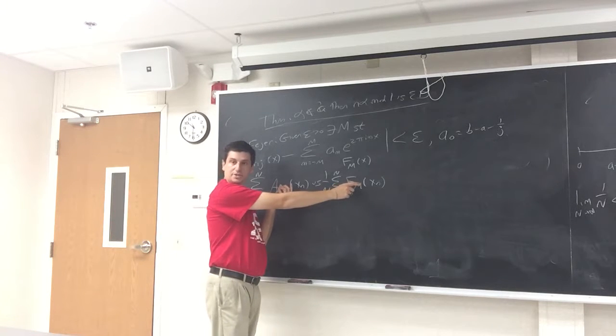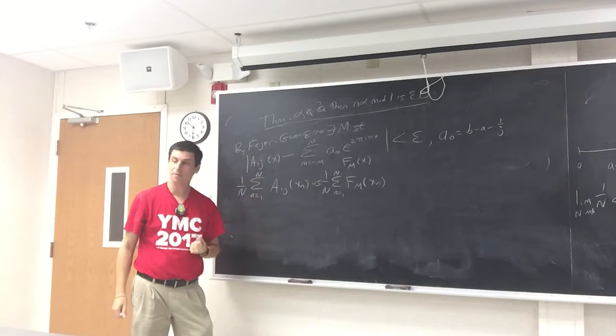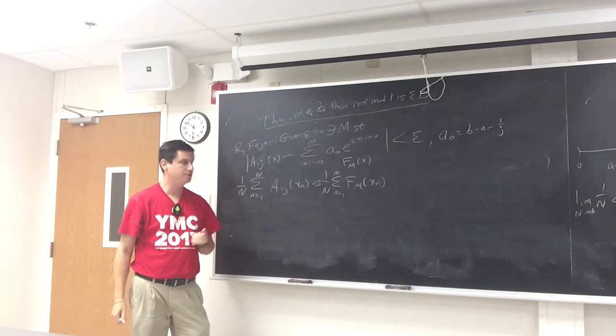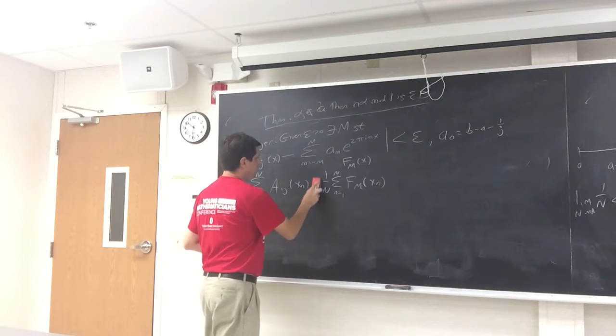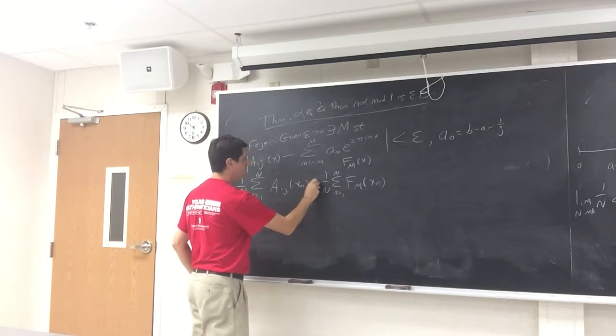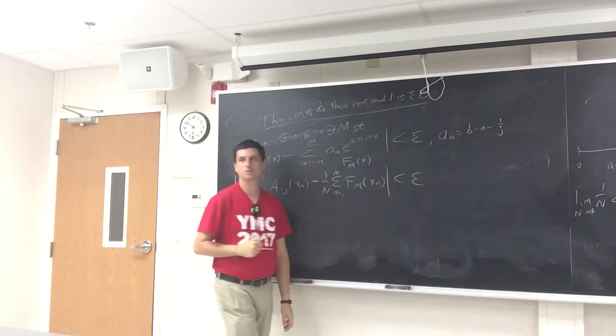Each one of these summands differs by at most epsilon. There are n of them, so that would be n epsilon, but then I divide by n. So what's the maximum difference? Epsilon. So I know if I subtract these and I take the absolute value, that that's at most epsilon.